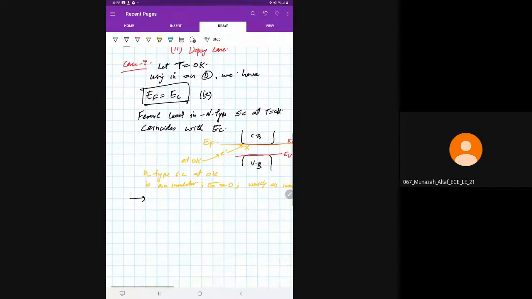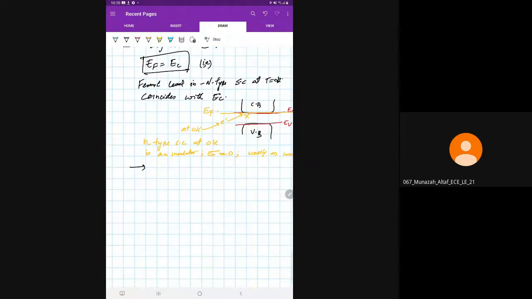All right. Now case two, if the temperature is not equal to 0. If T is equal to 300 Kelvin, it is not equal to 0 now. So when T is equal to 300 Kelvin, the Fermi energy can be given as EC minus KT ln of NC by ND.